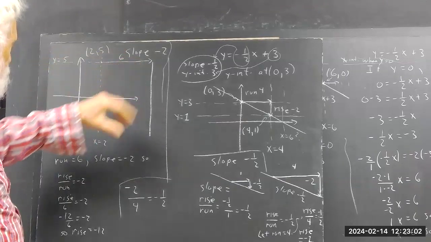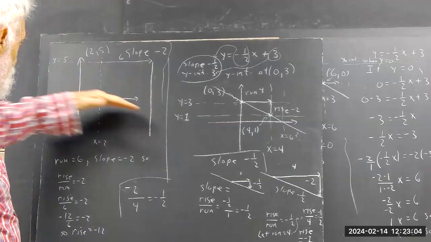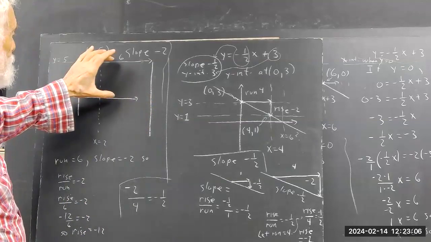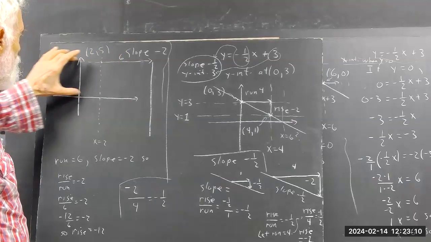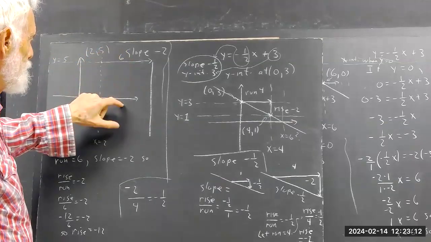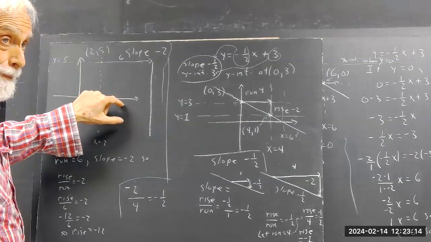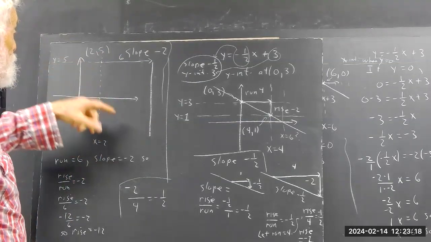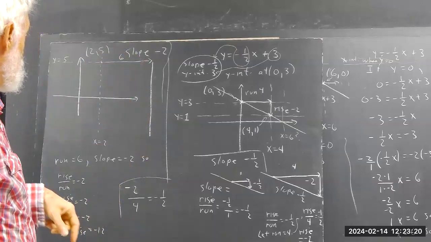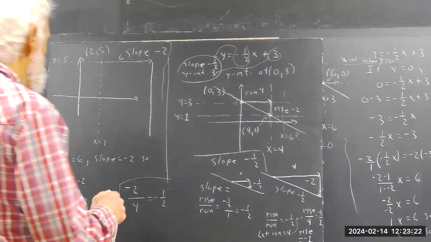Now it looks like it's getting further apart because I've not drawn a very good x-axis. It's kind of going downhill, but this line represents a line that's always 5 units above the x-axis, whether my picture looks like it or not. So we've got to go down far enough to get -12.